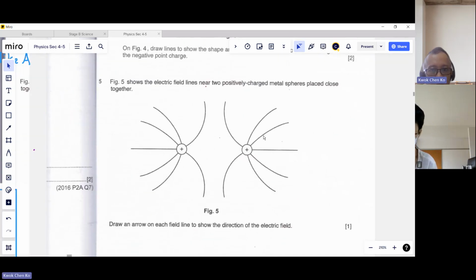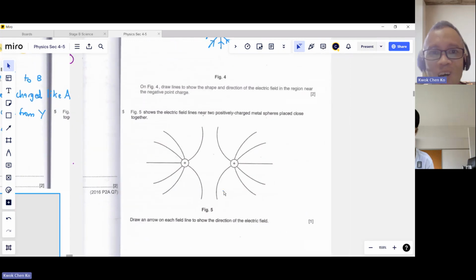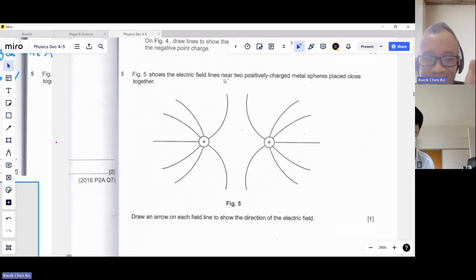Okay, last one. This one, you guys better get it right as well. On each field line, show the direction of the electric field. Just a 1 mark question. Yeah, you better get it. So I won't even ask you, I'll draw straight in.